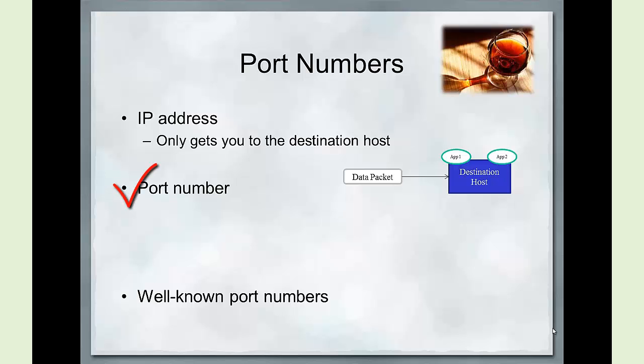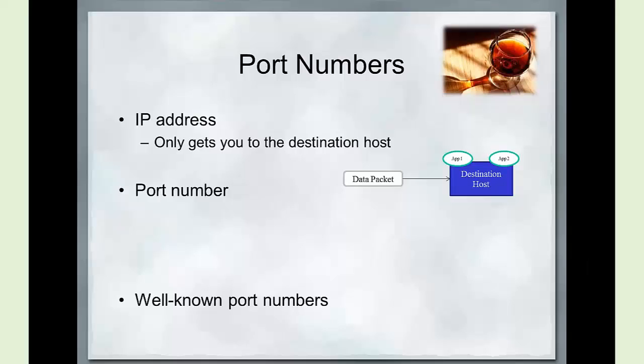I'm not talking about wine here, as you can see in the picture, but we're talking about networking. So don't even think about these other things. So from the destination host, once you have your packet arriving at the destination host, the mechanism that allows you to actually send the data packet from the destination host to these individual applications, it's called a port number.